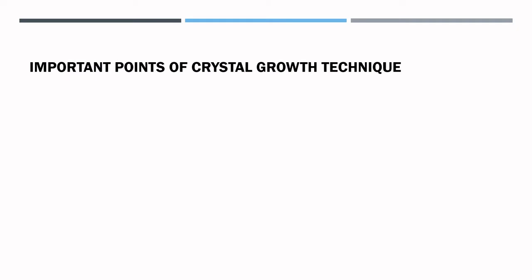Here we talk about some important points of crystal growth technique. We are very much familiar with the crystal structure of silicon, and we also know what common defects are possible in a practical crystal. In the previous class of the VLSI technology series, we discussed the two main crystal growth techniques: one is the Bridgman technique and the other is the CZ technique.